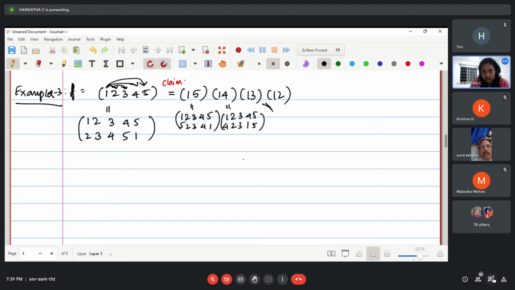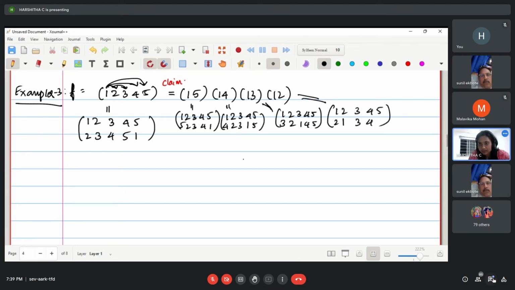So I'm just doing whatever we did previously, converting the cycle notation to actually explicitly writing out the function. If you take the product of all of these, we will see, let's just do it for one element.